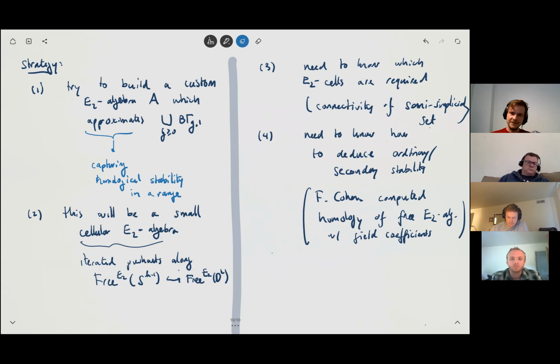So at this point, you have an approximation which captures the homological stability properties of the thing you're interested in a range. And it's built out of a small number of cells. And you know what the homology is of each of these. So now it's a matter of doing a computation in this small model to deduce these homological stability or secondary homological stability results.